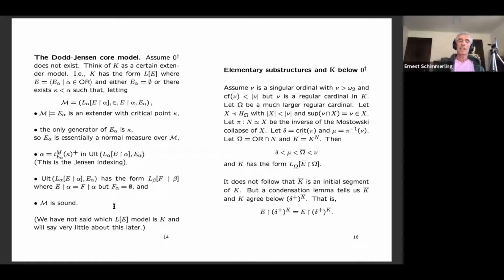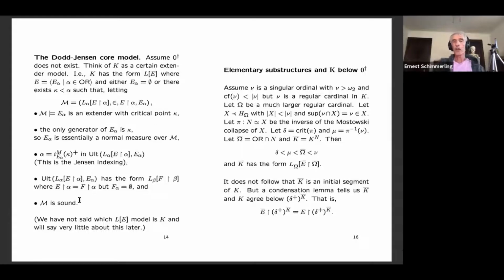And then there's a fine structural condition. M is sound, more or less in the sense that I mentioned P is sound when I was talking about L. So if you add a new bounded set, then everything gets collapsed. And if you add a new sigma n bounded set, then everything gets collapsed in some canonical sigma n way.